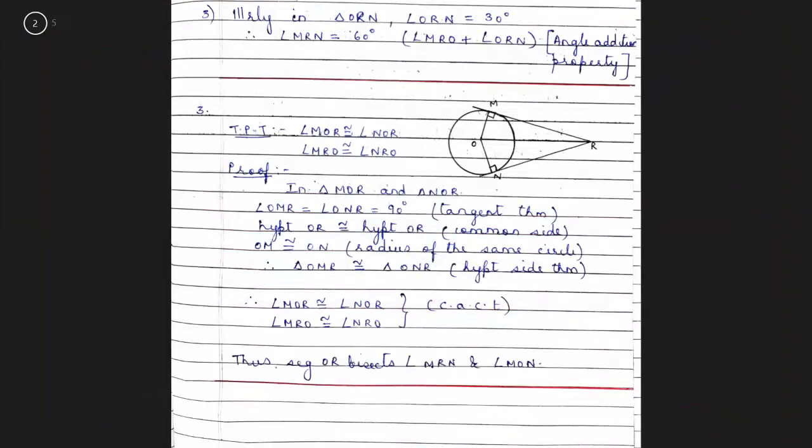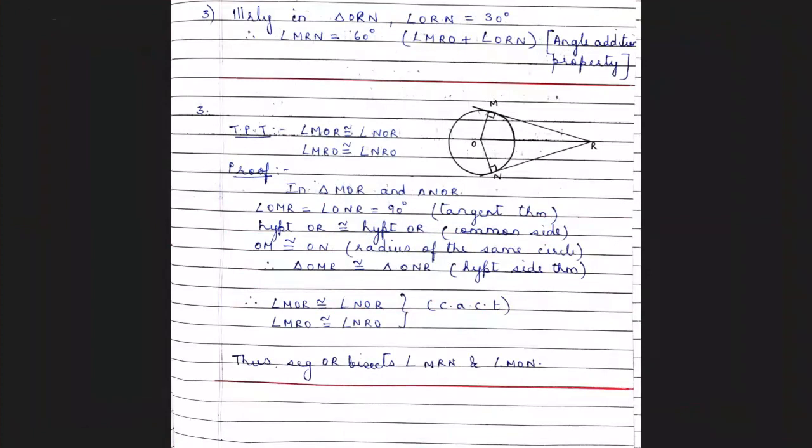Question number 3. So this is the figure. You have to prove angle MOR congruent to angle NOR. Similarly, angle MRO congruent to angle NRO. If you can prove these two sets of angles congruent, it means OR is the angle bisector of angle MRN and angle MON. Okay.